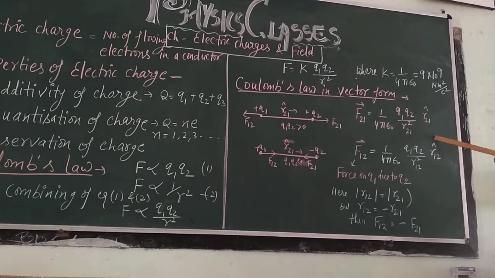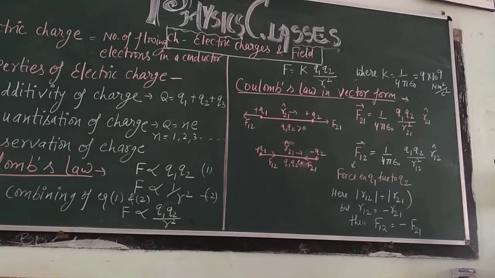Here r12 cap and r21 cap are not values; these values are 1, but they show the direction of the force, that is from 1 to 2 or 2 to 1. The magnitude of r12 is equal to r21, but if we use sign, then r12 is equal to minus r21, or we can say that F12 is equal to minus F21.